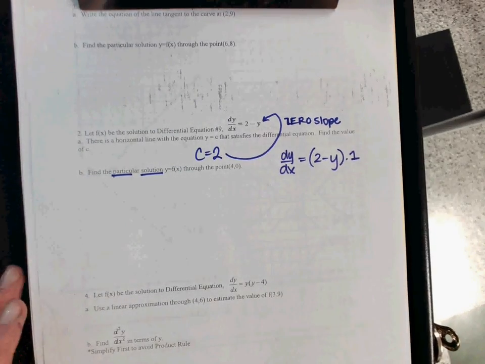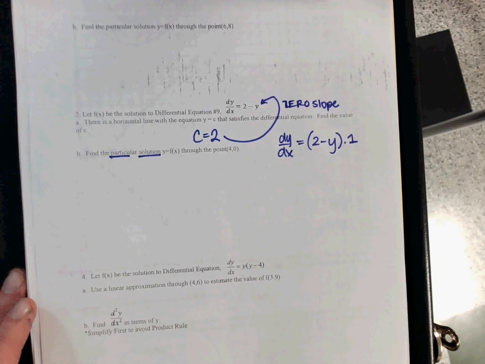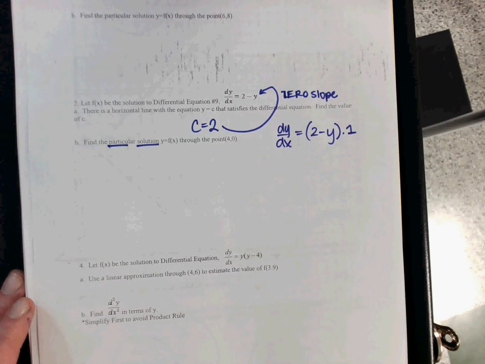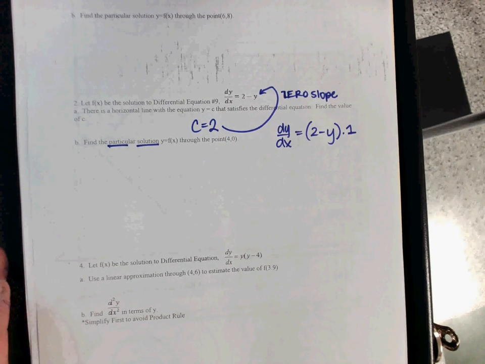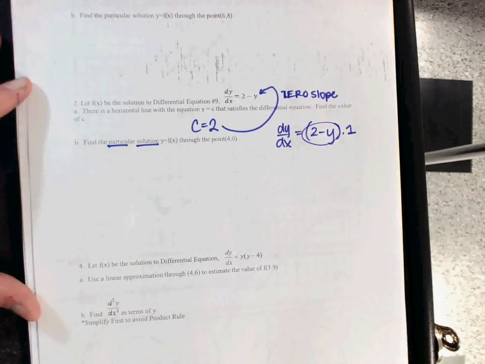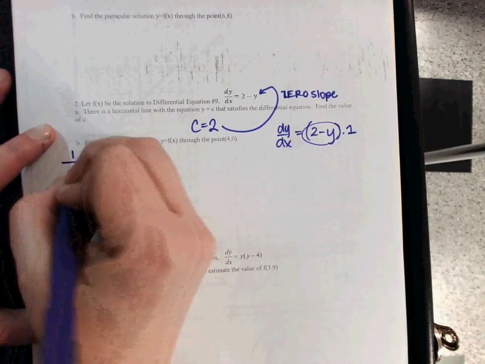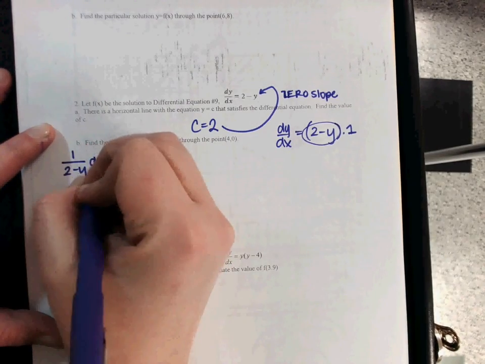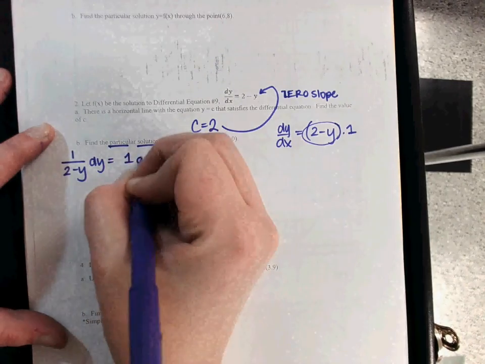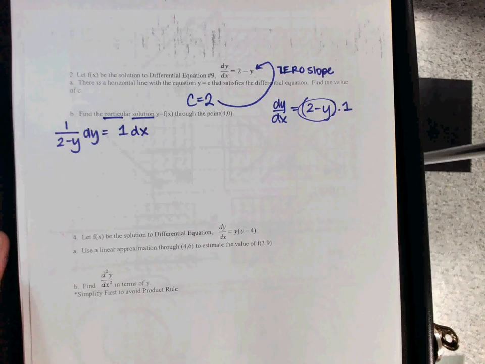Remember, you can't split up the 2 and the y. They're together. They're subtracted. They have to stay. So in order for me to move them across, I would have to do what? Take the 2 minus y, and I would have to divide it to the bottom. So you would have 1 over 2 minus y dy, and then 1 dx. Y'all remember doing that?